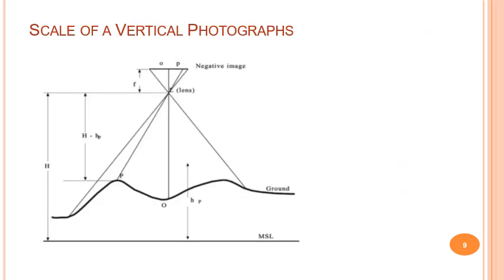Scale of a vertical photograph: this diagram shows how we calculate the scale of a vertical photograph. There are some elevations with respect to MSL, mean sea level, and this is the ground, and this is the elevation height.